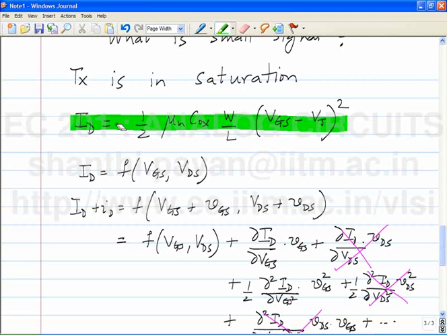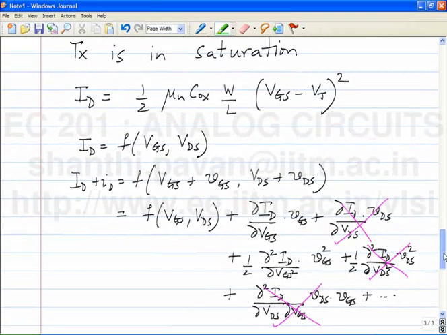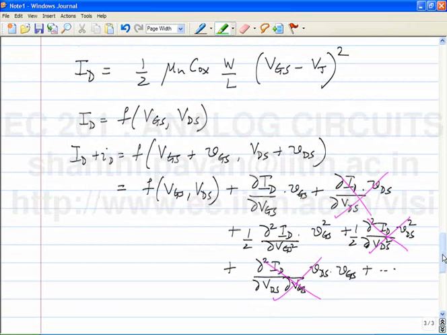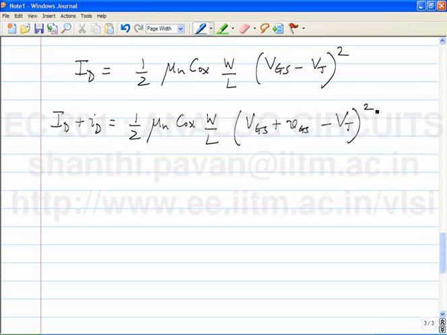So now the next thing is obviously to look at VGS. So, if I increase VGS by a small amount, so capital VGS is the quiescent value, small vgs is the incremental value, alright.